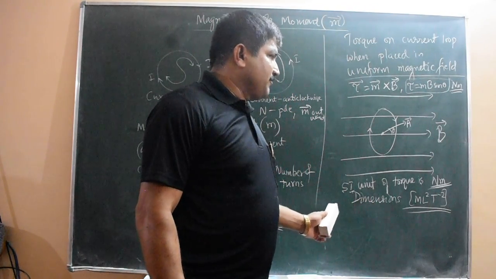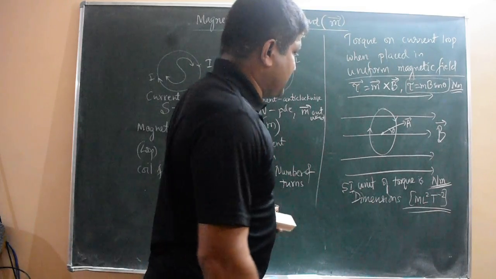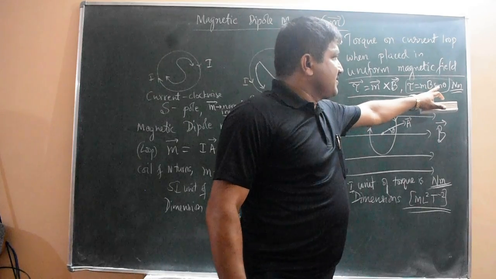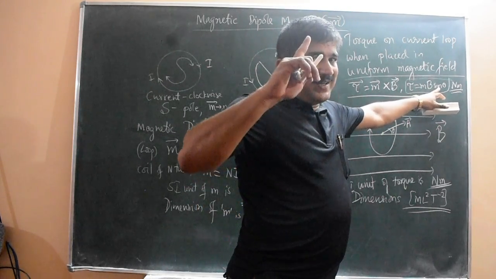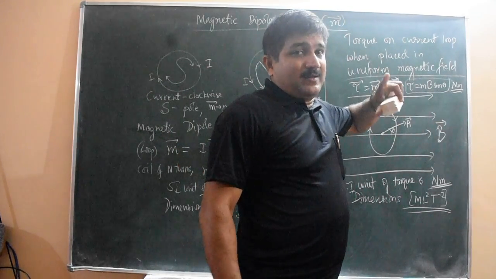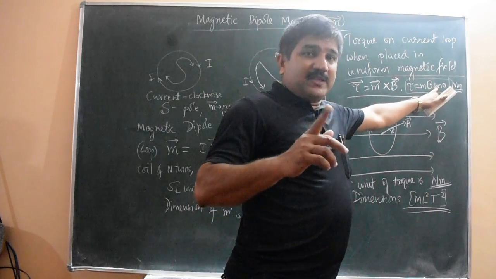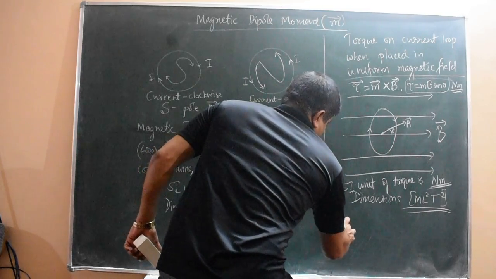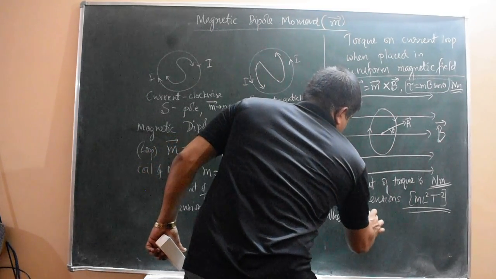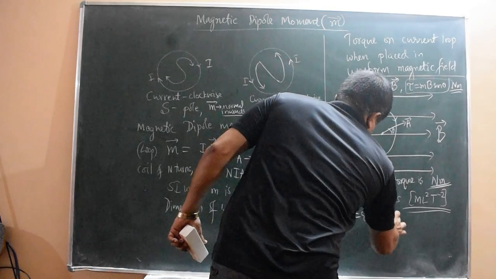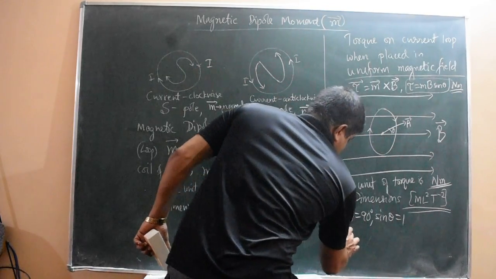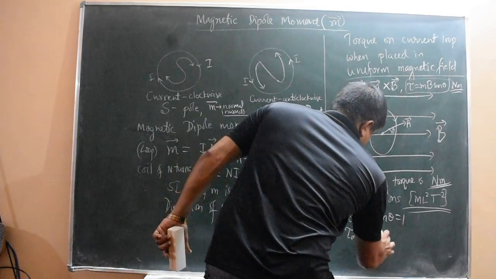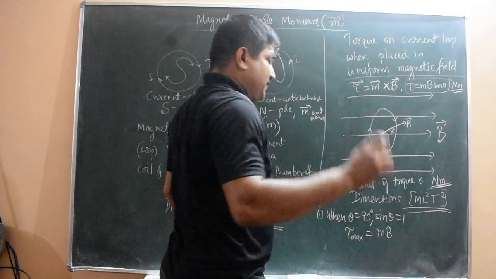Fine. Now maximum torque, minimum torque. Look at the expression here, MB sin theta. The magnitude of torque is maximum when sin theta is 1, because the maximum value of sin theta is 1, when theta equal to 90 degree. So first case, when theta equal to 90 degree, sin theta is 1, tau is maximum, tau max equal to MB.